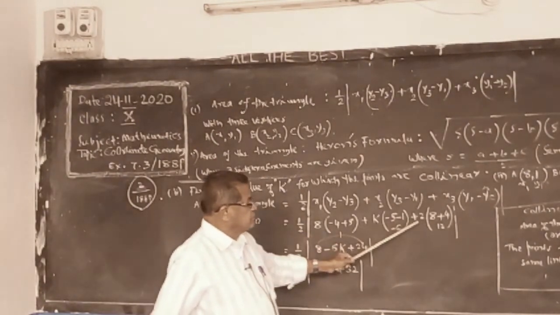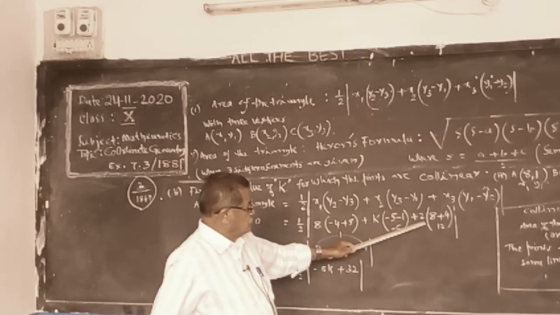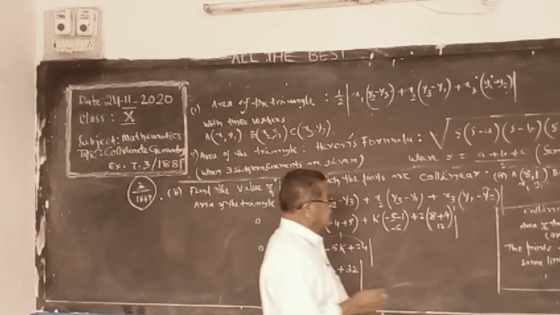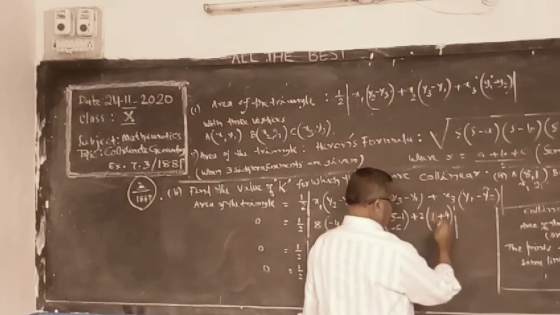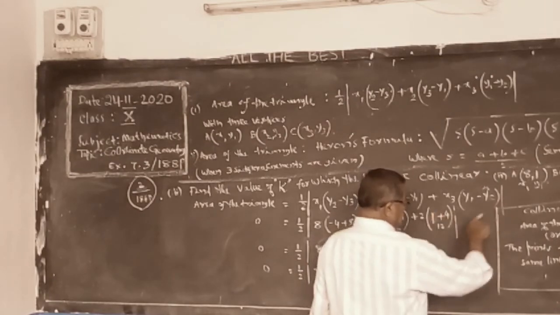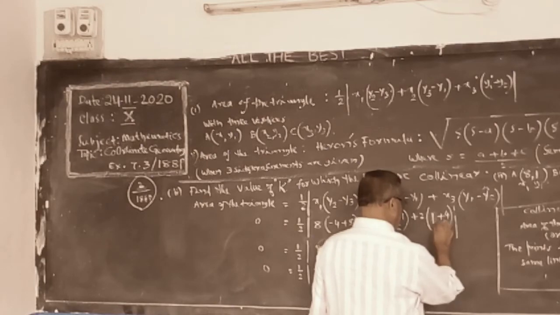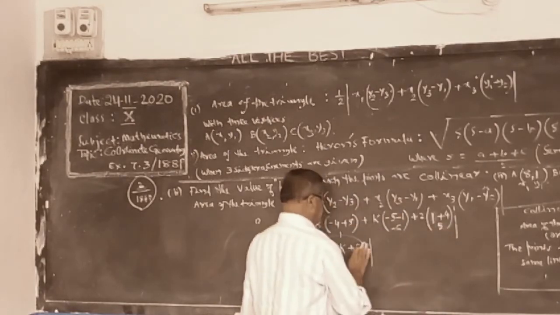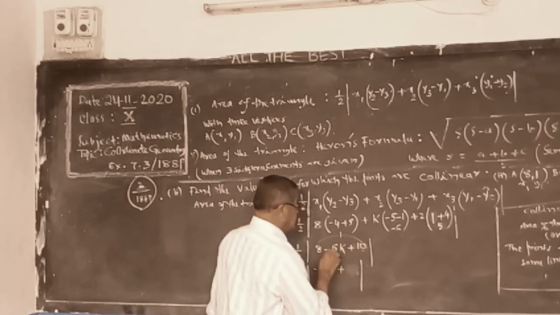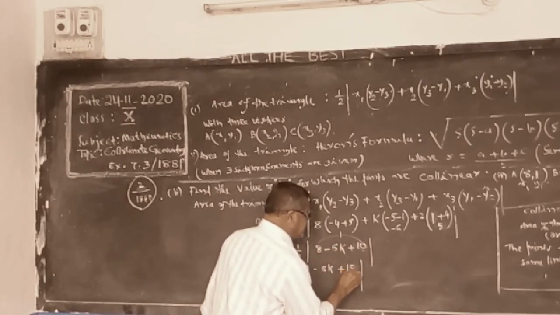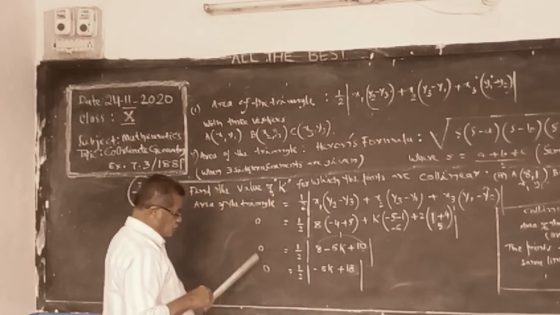Third bracket x3 is 2, y1 minus y2 is 1 plus 4, so this is 5, and 5 twos are 10, plus 8 is 18. Now the half goes to the other side as 0.